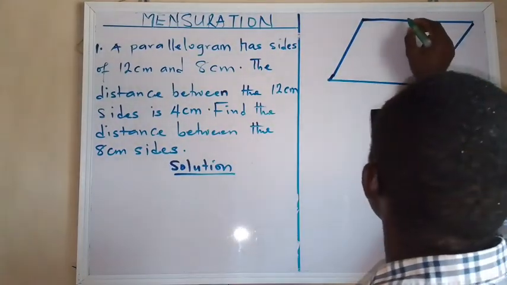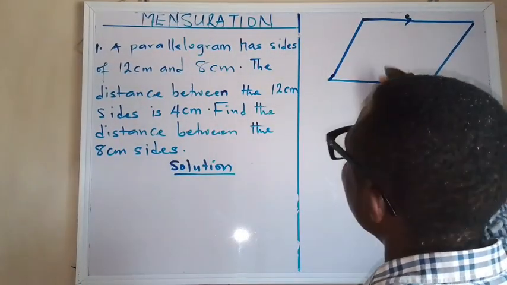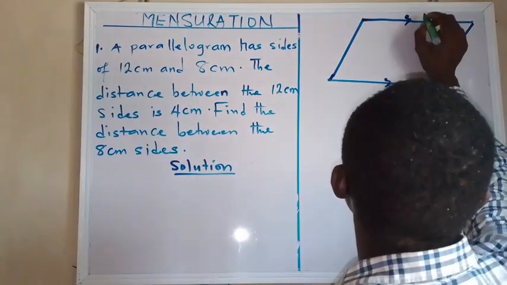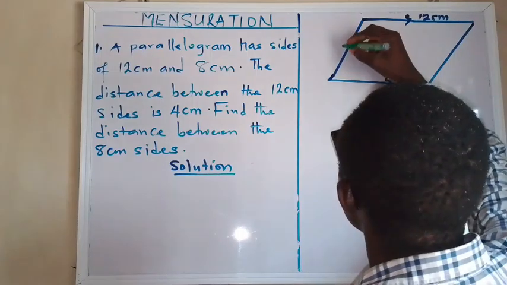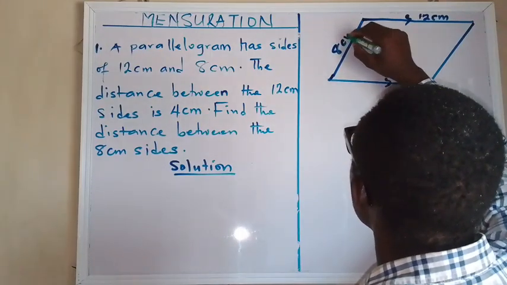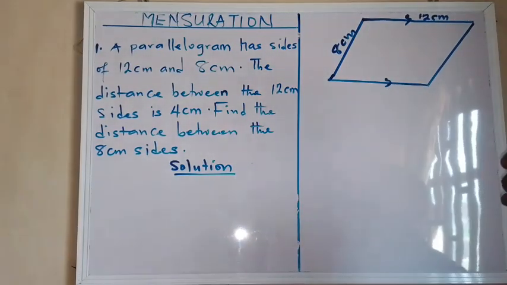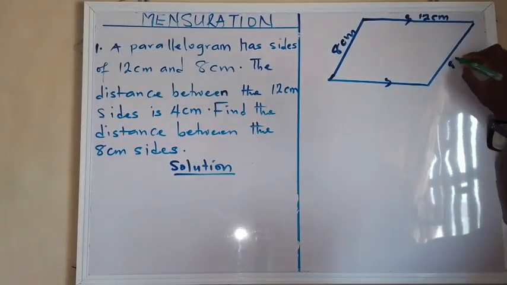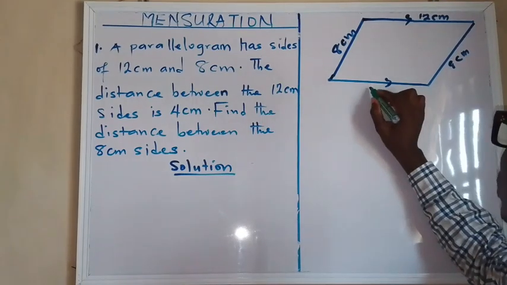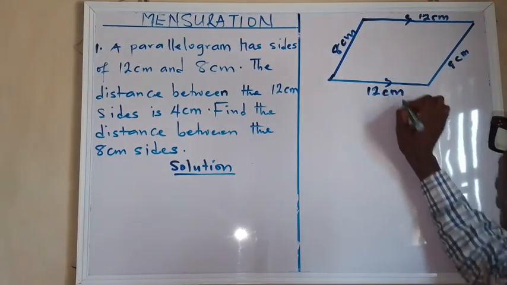Right? So we have side 12 centimeter, and we also have side 8 centimeter. Okay, so these are the sides. So this place is also 8 centimeter, and this is also 12 centimeter.